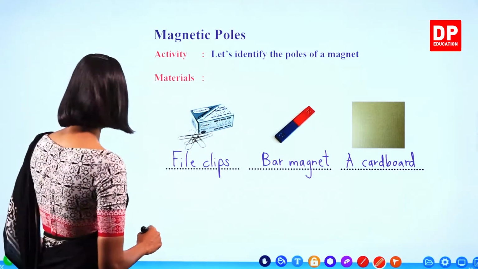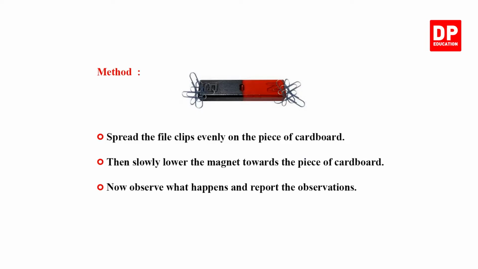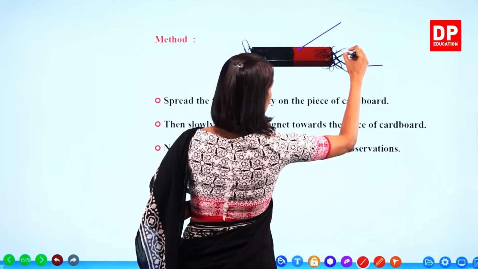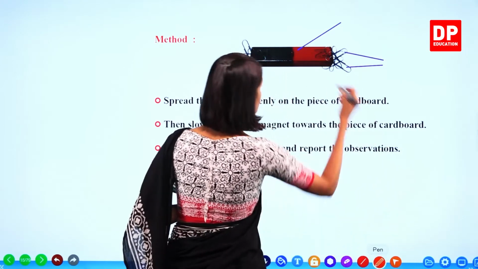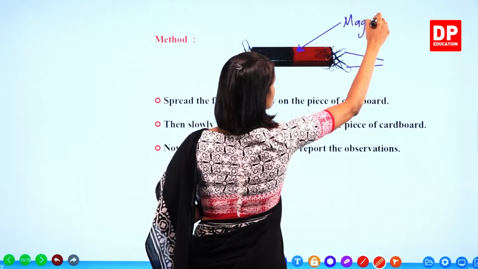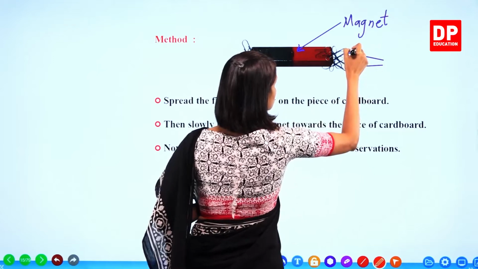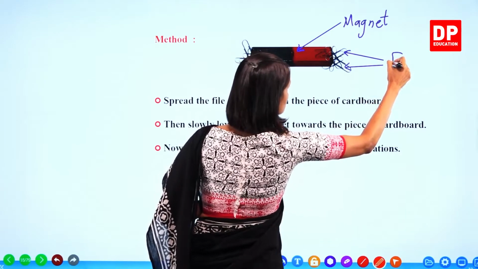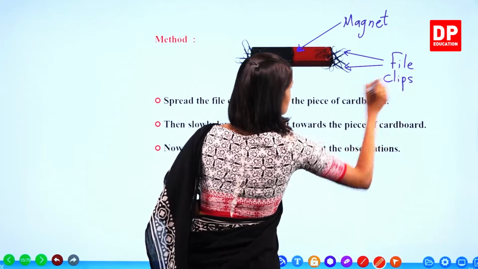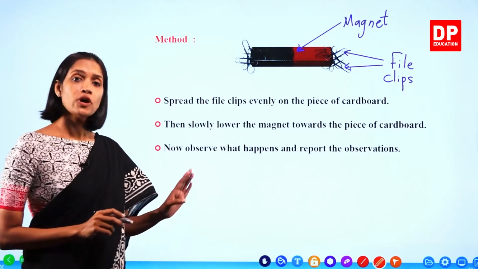How to do this activity then? Let's see. This is the method. We label these diagrams, the magnet and file clips. So how to do this?